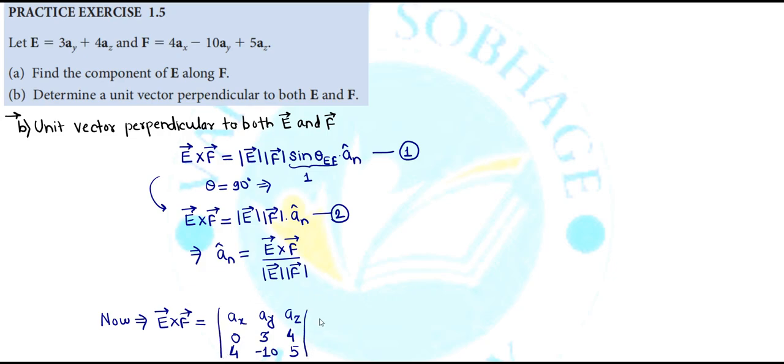Now we are going to simplify that one. Very firstly the AX within the first bracket: 3 into 5 is 15, minus 4 into minus 10, which is minus 40.